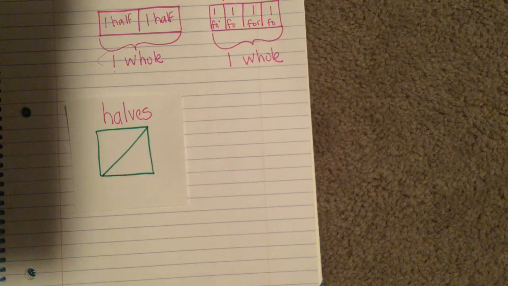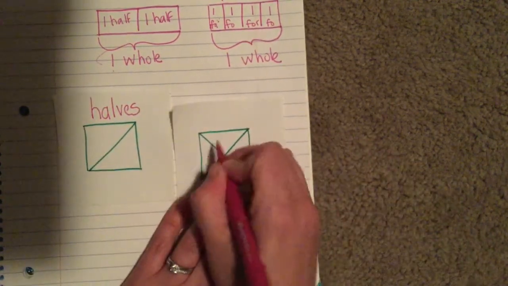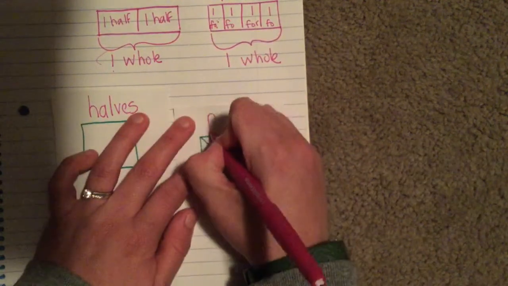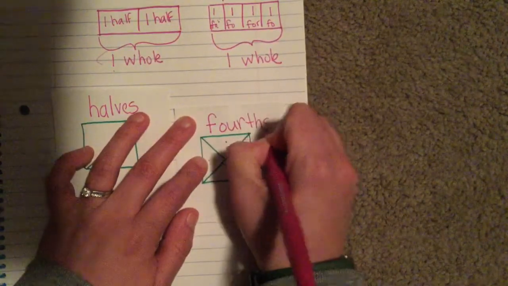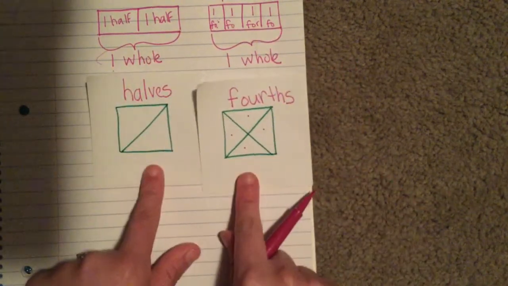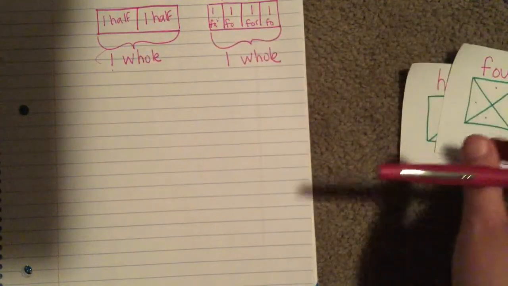Now, if I take that same square and now I look at it, and there's 1, 2, 3, 4 parts, this is divided into fourths. Halves and fourths. It's the same square, but they are divided different ways.